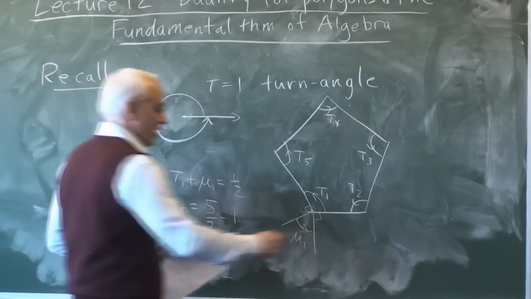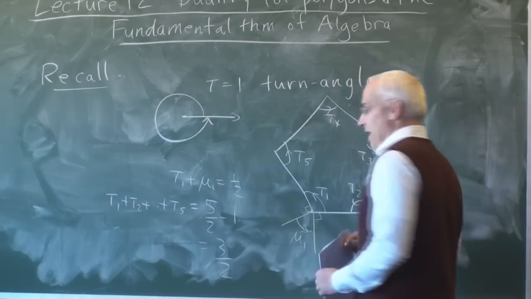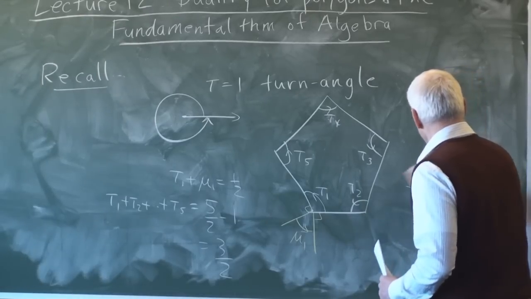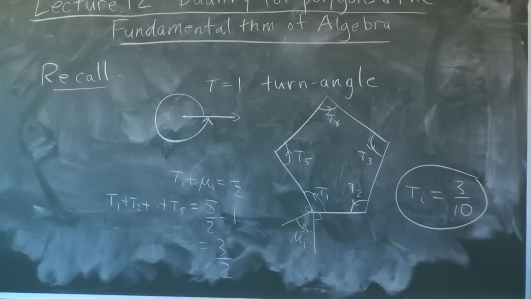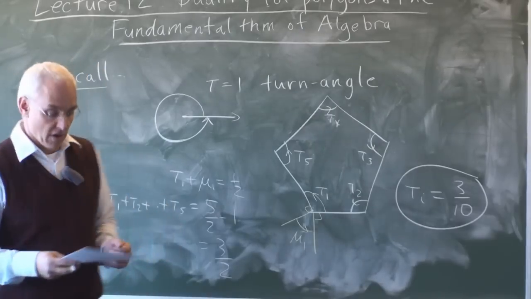And from that, we can deduce that each of the tau i has got to be 3/2 divided by 5, or 3/10. So that's the internal turn angle in a regular pentagon.